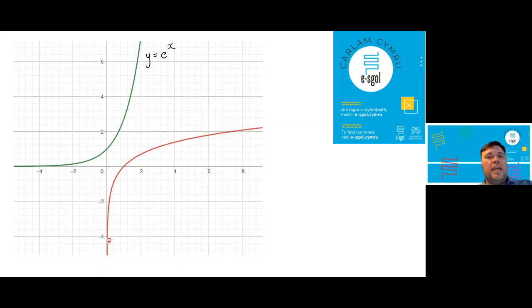And then you've got the inverse of e to the x: if we were to draw the line y equals x, a reflection of that would be this red line here, which is the inverse of e to the x, and this was y equals ln of x.